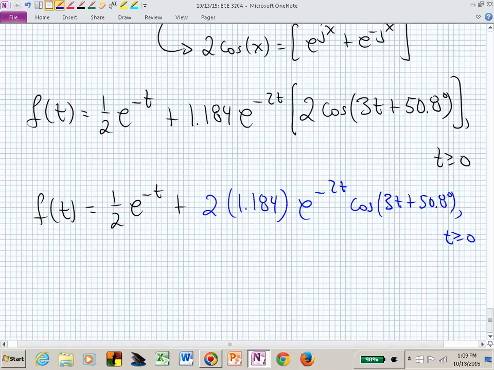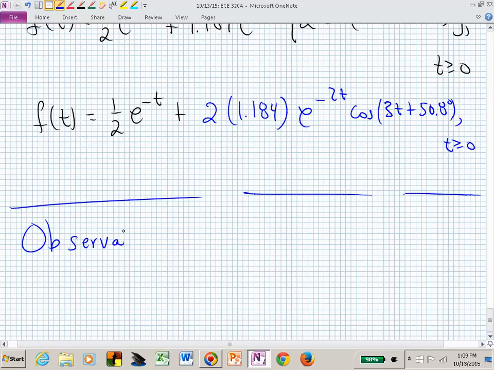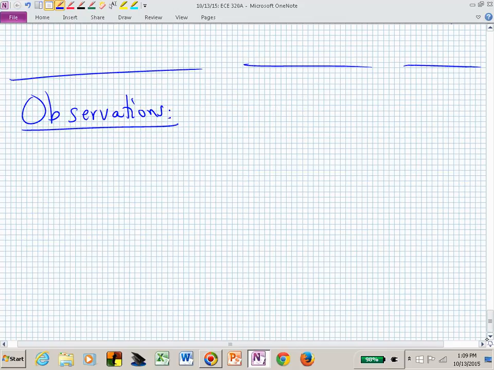What have we learned? Don't answer that. Let me just keep going. What are some observations that we can make from this example? What was a sub 3 relative to a sub 2? They were just conjugates of each other.